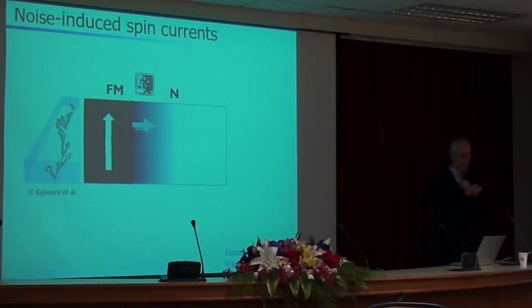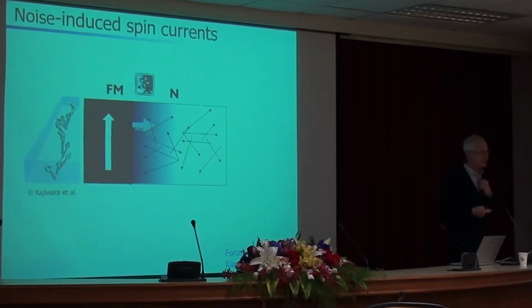Now, as Professor Saito told us already, what we forgot here is the thermal excitation of the normal metal. In normal metals, we have a phenomenon called Johnson-Nyquist noise. These are random thermal currents. It is well known, of course, for the charge degree of freedom. But these random Johnson-Nyquist currents are also randomly spin polarized.